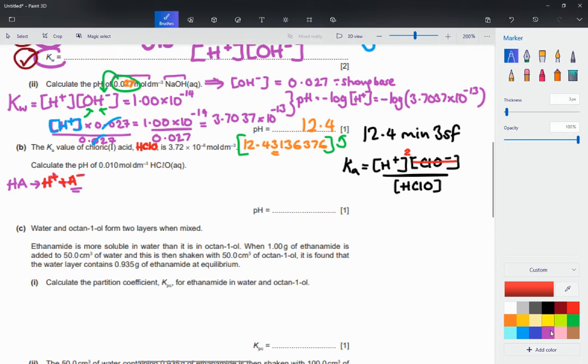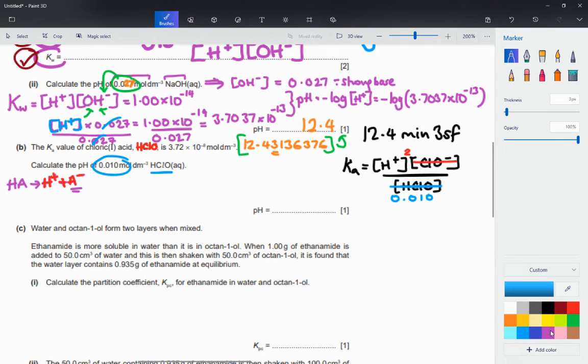The second thing that we can do is we can read the question and find out that the concentration of the HClO here is given as 0.01. So this will now become 0.01. And we've also been given the Ka value.